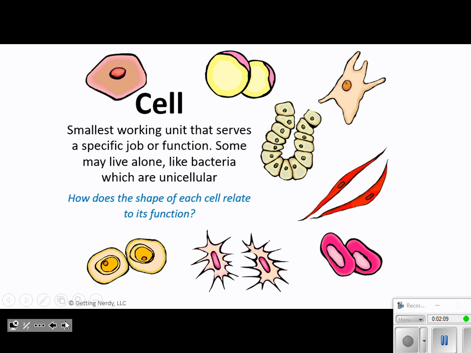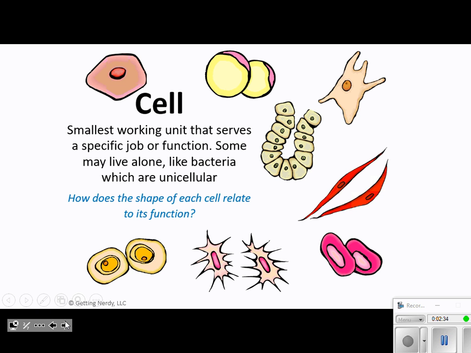Some cells may live alone, like bacteria. Bacteria is what we call unicellular. On your opposite page, you have unicellular. Open up the door. What is the unicellular?